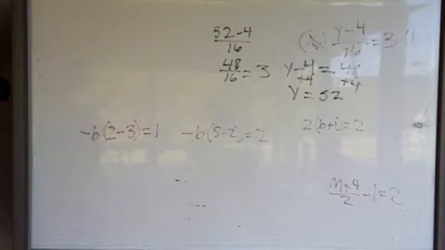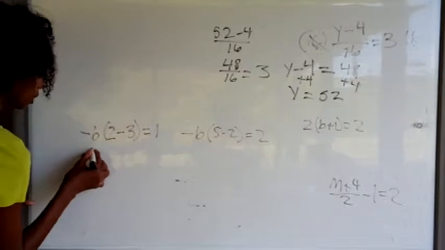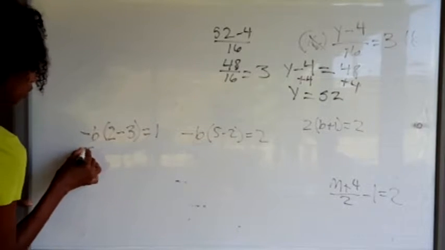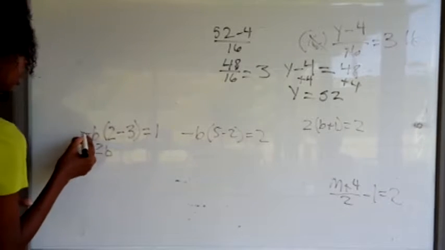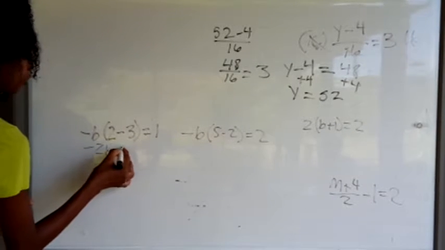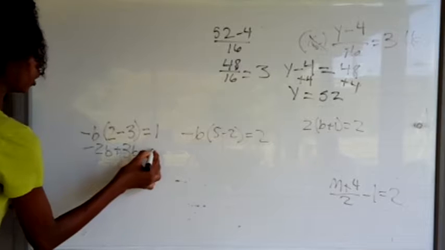Okay, so here, something else I want to point out. Don't just go through the motions. Look at the problem and try to think about everything you learned and implement it to make the problem easier. So when we first look at this one, it's negative b times 2 minus 3 equals 1. Because we've been learning about the distributive property, you might automatically just distribute that and do negative 2b, negative b times negative 3 is positive 3b equals 1.